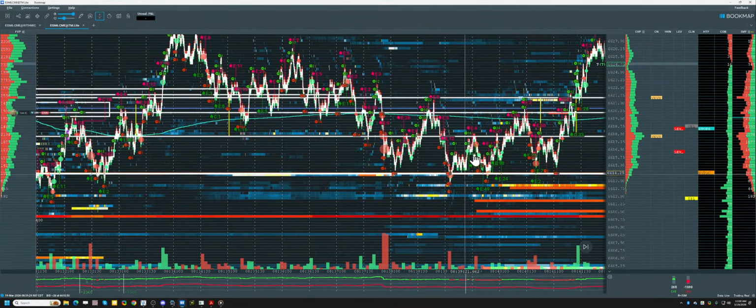Support, absorption, resistance, support, resistance, VPOC migration, resistance, break high, resistance, warning Will Robinson moment, break low, support, break high.